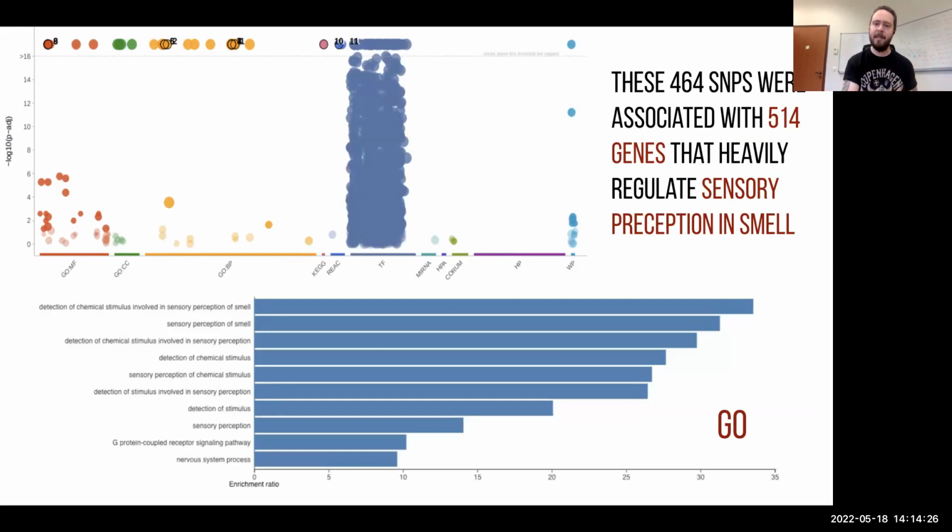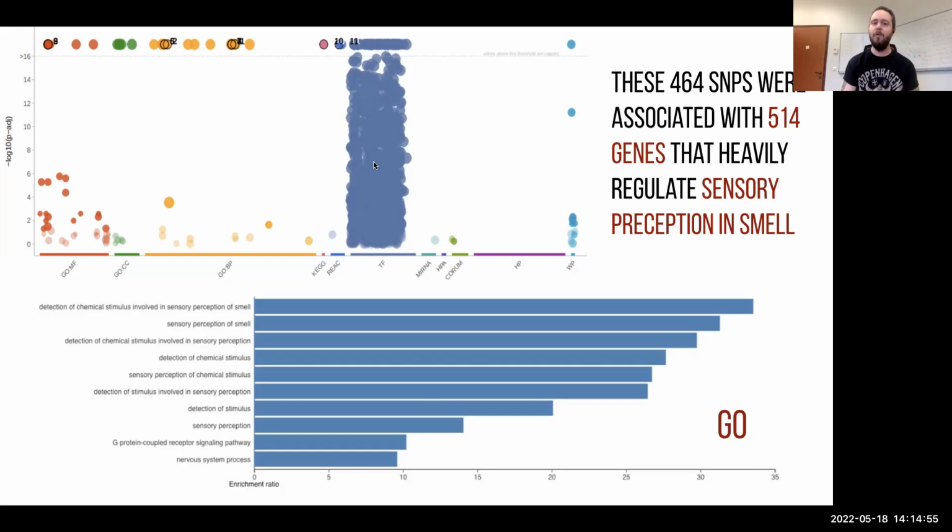And then we looked at gene ontology to see which pathways were heavily regulated within these 514 genes. And as you can see, most of the genes that were heavily regulated or upregulated in the switch from sedentary to migratory behavior, or that explain the difference between migratory and sedentary forms, were actually transcription factors. So this again makes sense.